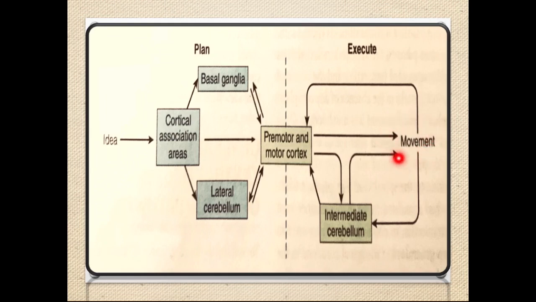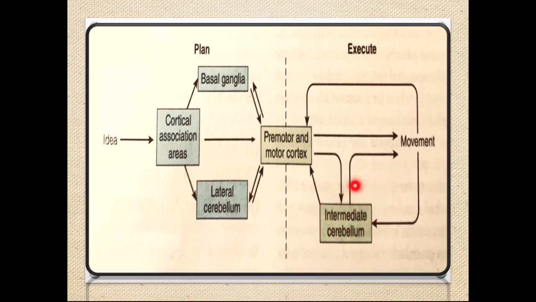And this premotor and motor area send one copy to the intermediate cerebellum, and whatever the movement is taking place, one copy of that movement comes back to the cerebellum. So, the cerebellum has got two copies, one which is supposed to be performed, the other which is actually getting performed. So, accordingly it will balance the thing.